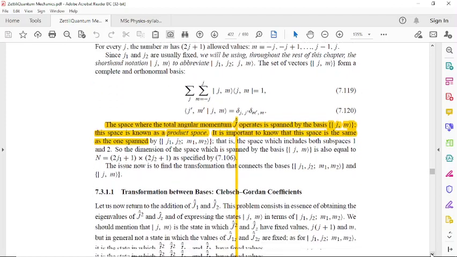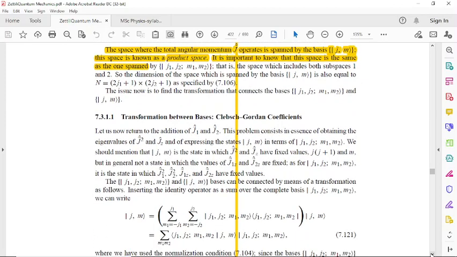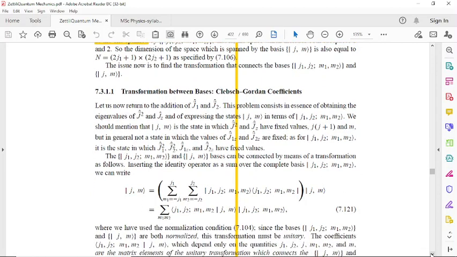Now we can go for the Clebsch-Gordan coefficients. Now let us go to the addition of J1 and J2. This problem consists, in essence, of obtaining the eigenvalues of J square and Jz and expressing the state |J, M> in terms of |J1, J2, M1, M2>.